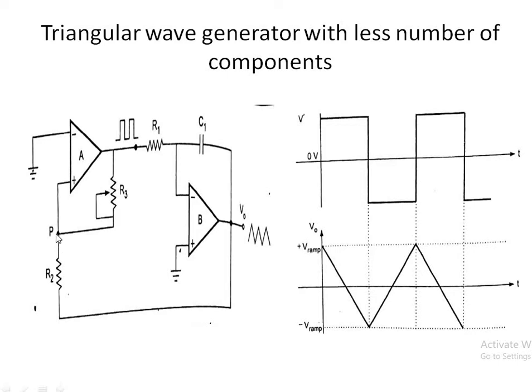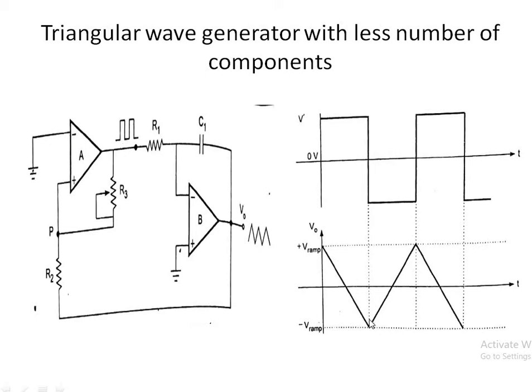When this negative output reaches the low threshold value, that is negative V ramp, what will happen? When the non-inverting terminal input becomes less than the inverting terminal input, the output will go into negative V saturation.